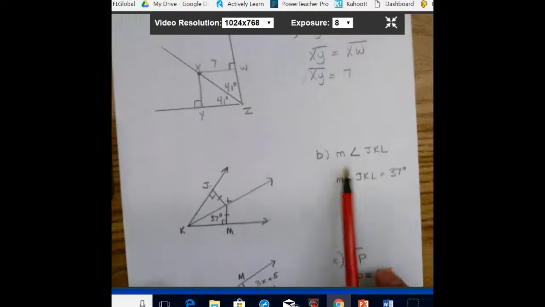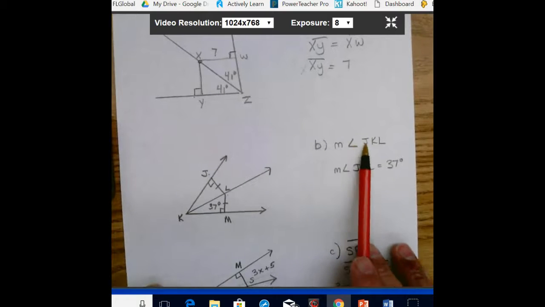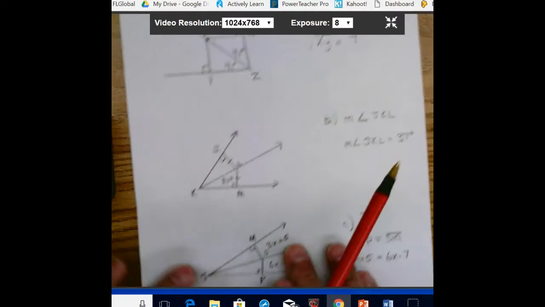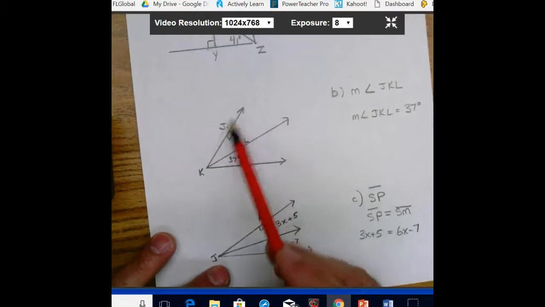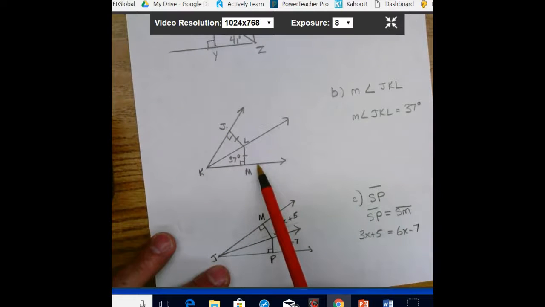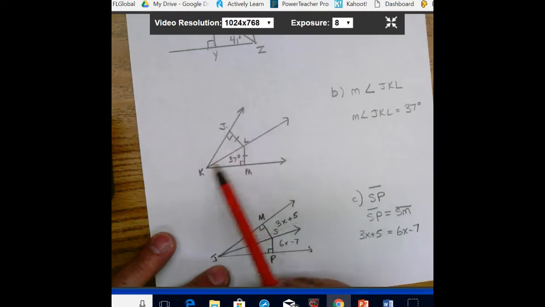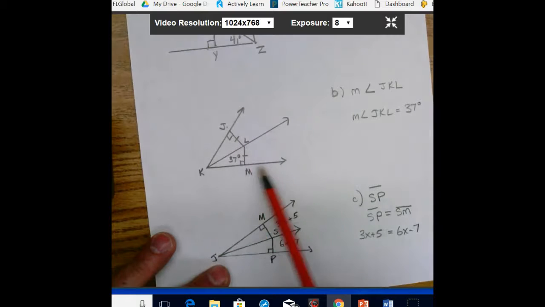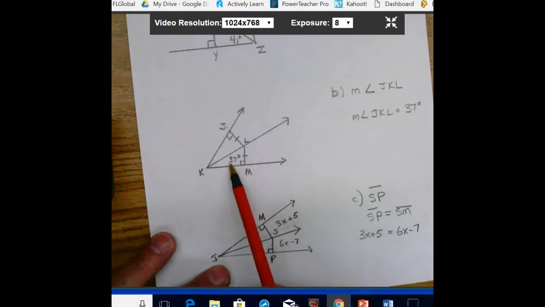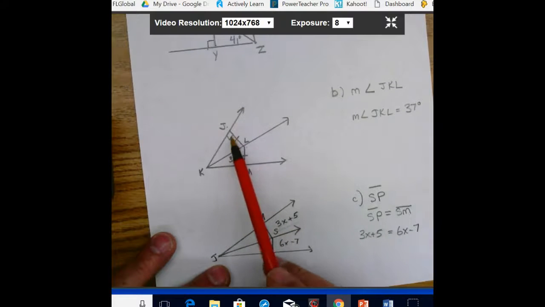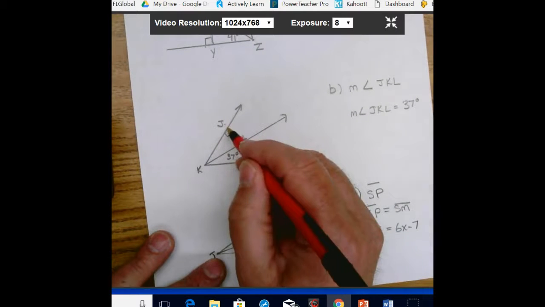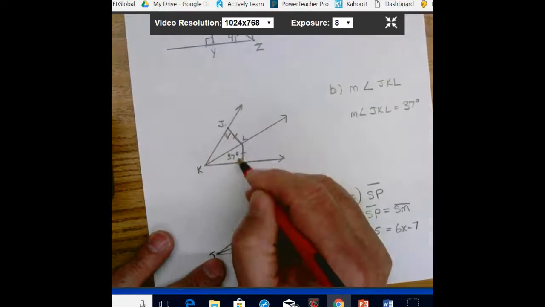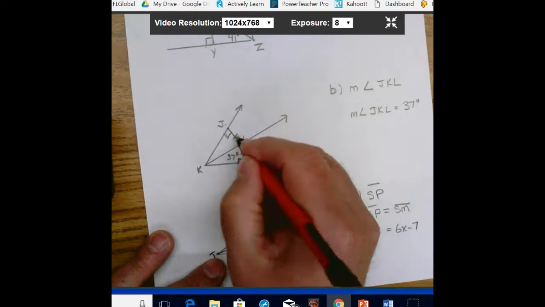We then take it to another different way to look at it. And we want to know what's the measure of angle JKL. Okay, pretty easy one though. So then we have this angle here, JKM. We want to know what is JKL. It doesn't tell us what the whole angle is. It does tell us though that this angle is 37. It also tells us that these lines right here, they're perpendicular and they're the same length.